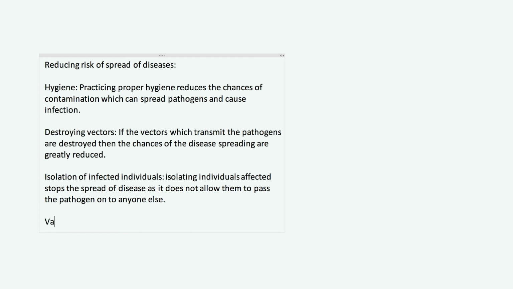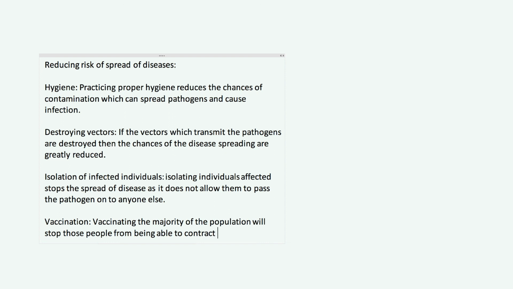All right, lastly, and this is extremely important as well, but we can't use this for every kind of disease, is vaccination. Vaccinating the majority of the population will stop those people from being able to contract certain diseases.